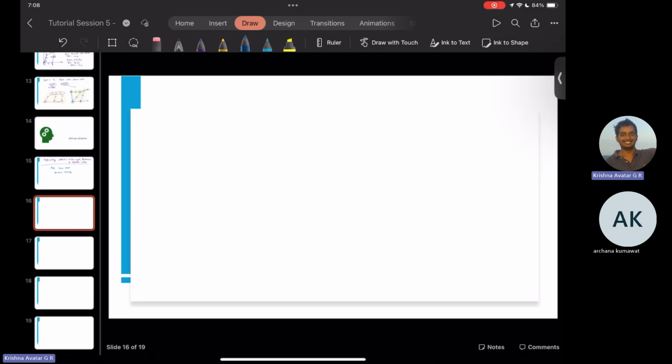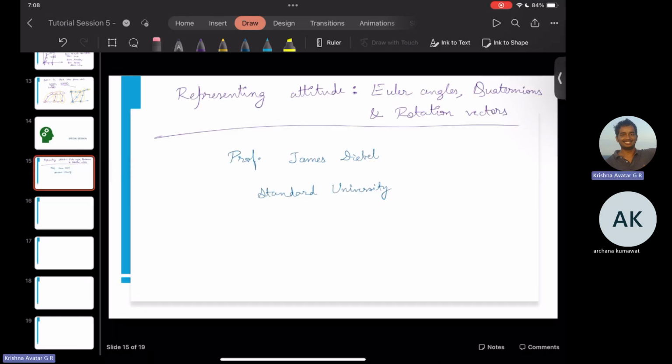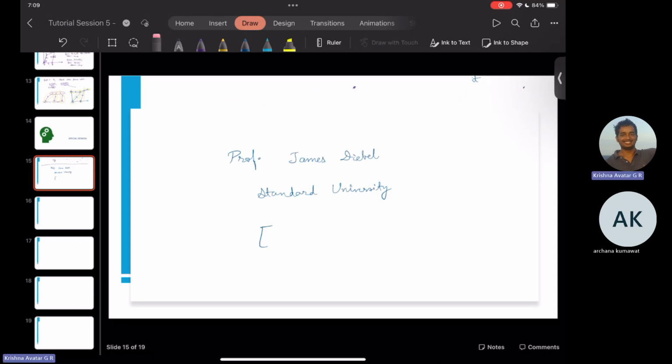So it's a very useful thing to know about. This is a lecture series you'll find online if you type this name. The exact name is Euler angles, then unit quaternions. So let me write it in a clearer way.